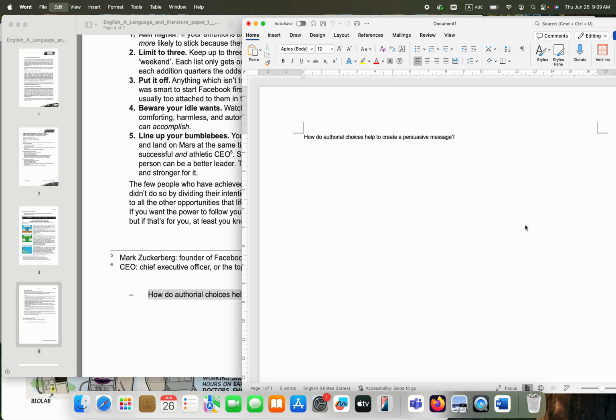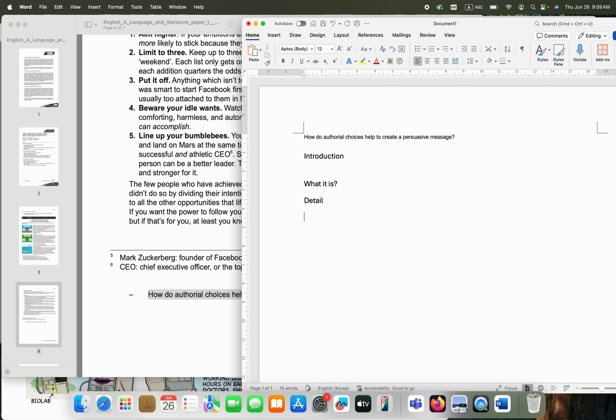Alright, so typically for paper 1, I follow a pretty simple structure. So starting with the introduction. And in the introduction, you generally want to keep it simple. So what I do first is just introduce what it is, and then followed by one more sentence describing the text a little bit more, so just detail.